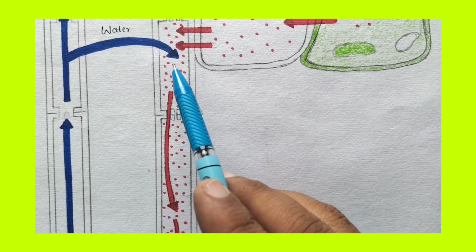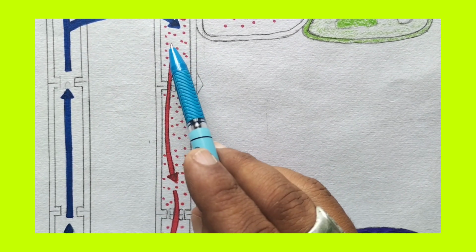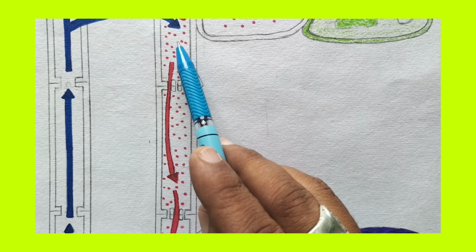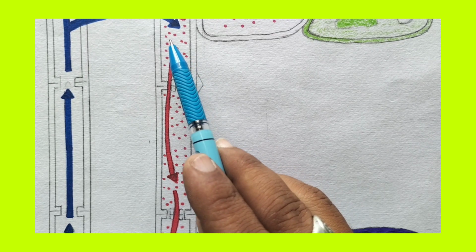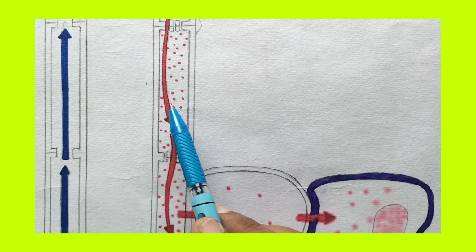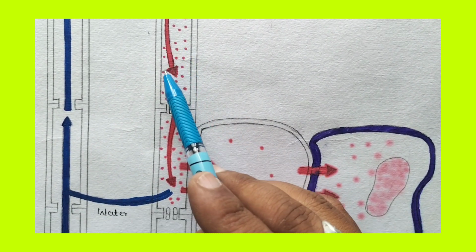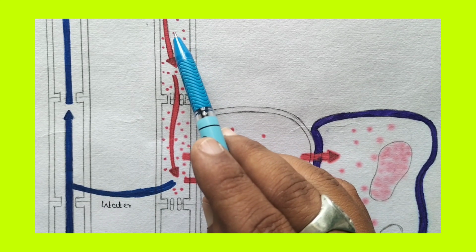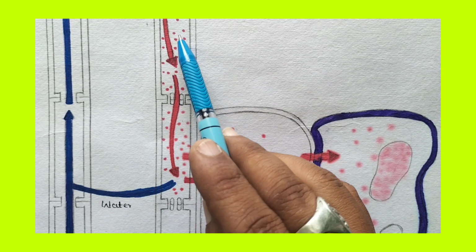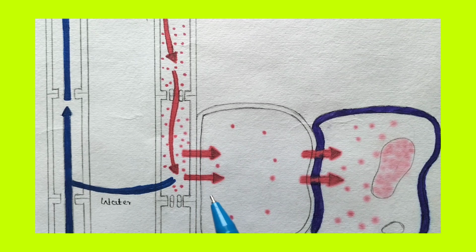At this moment, the concentration of food will be more. Due to osmotic pressure, the food moves from a region of higher concentration to a region of lower concentration. Again, here the concentration of food will be more. Now again the food moves from a region of higher concentration to a region of lower concentration.